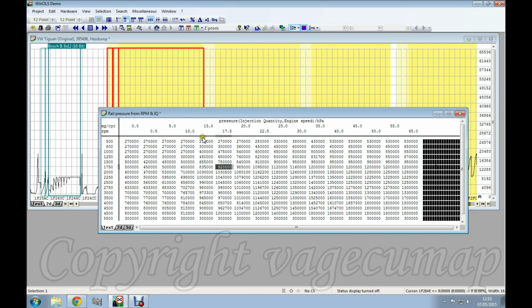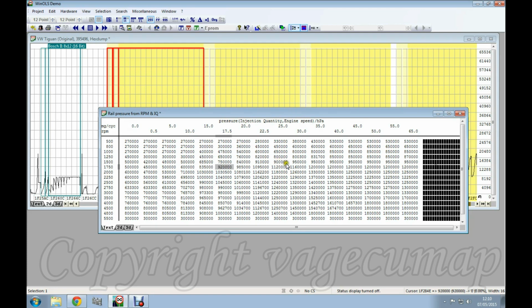At low values in terms of injection demand and at low values for engine speed, you would think, well, I don't need a lot of pressure, so the pressure can stay low. It doesn't have to stay low, it could be high, but I don't need it to be high. So the values on the map can be low because I don't need high values.